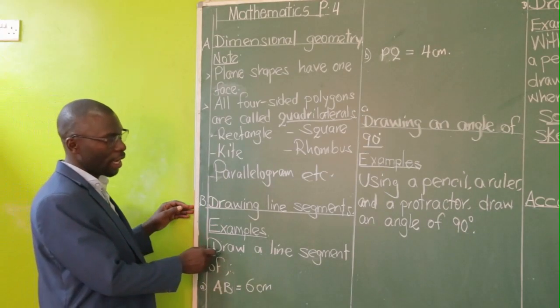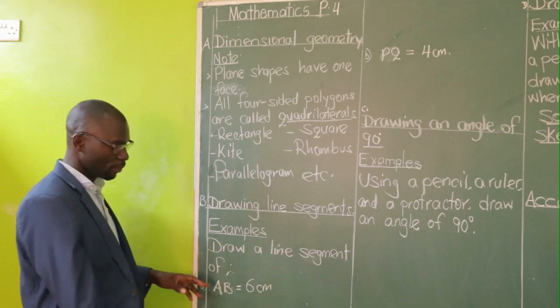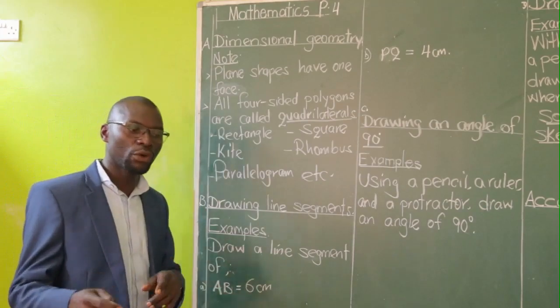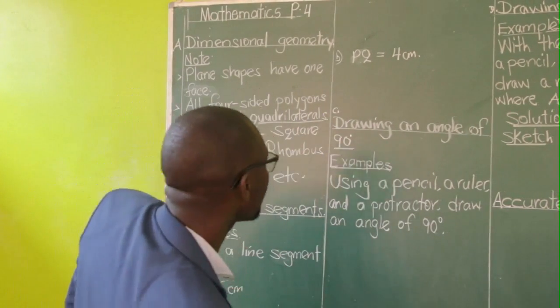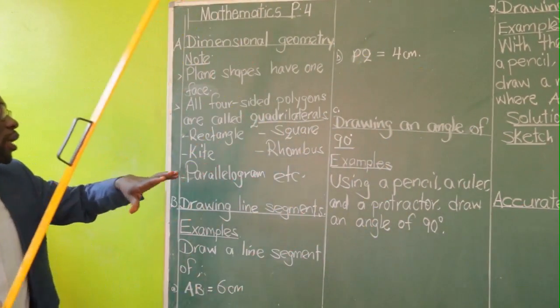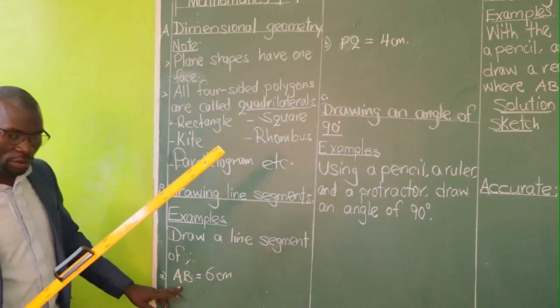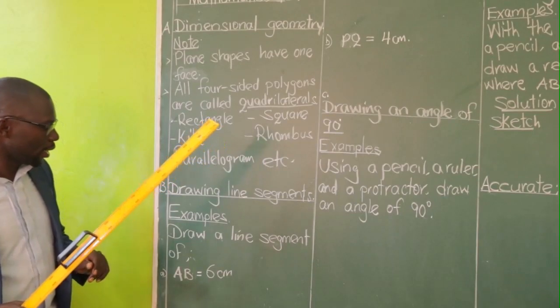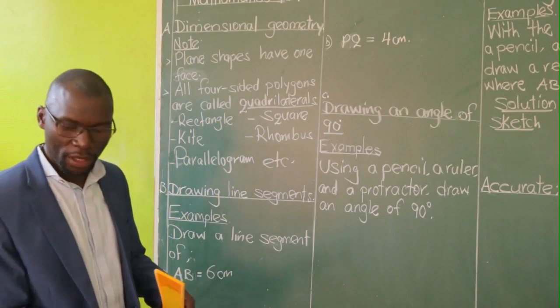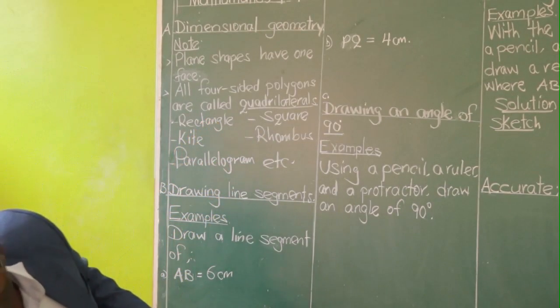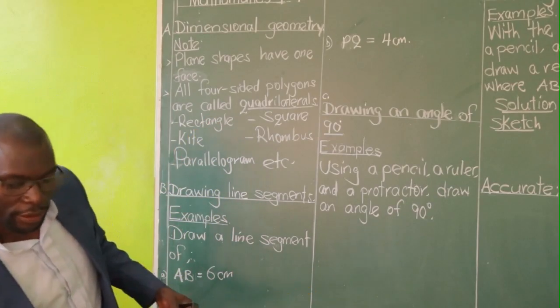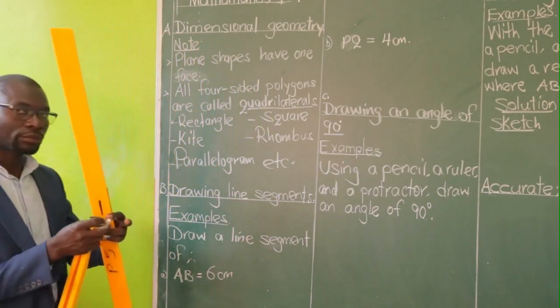So drawing a line segment of 6 centimeters. How do we draw a line segment? Because these shapes that we are going to look at come from lines.